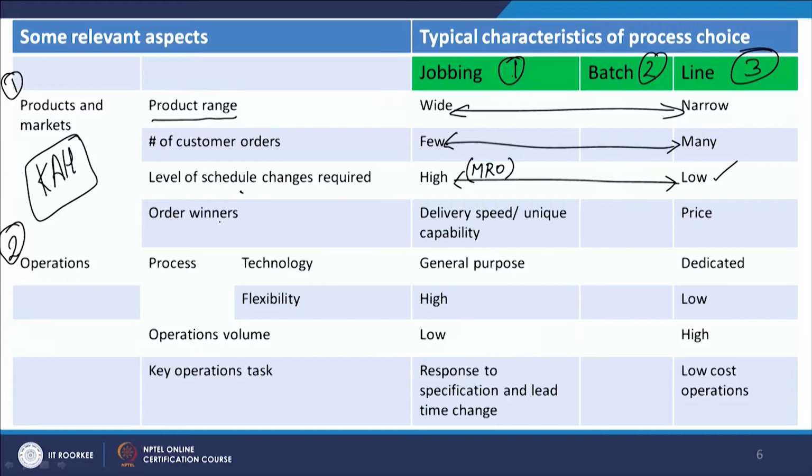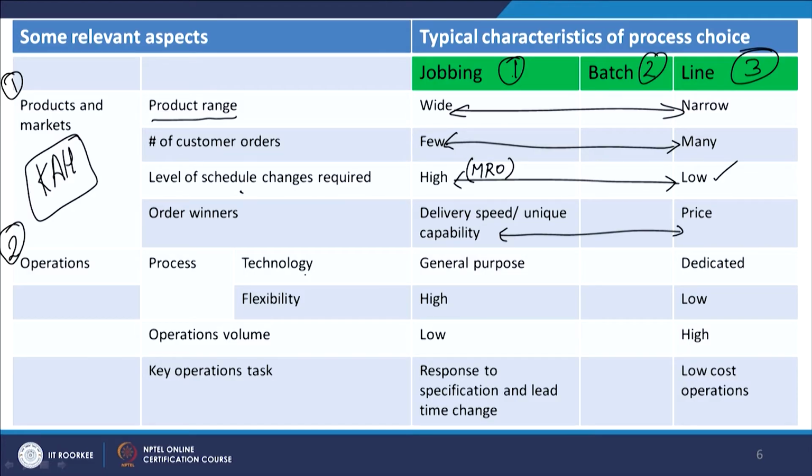And the order winners. Now, order winners can also change, like from delivery speed to price. These are the different types of order winners, and you can also have in between some other order winners, like quality, etc. Now, on the other side, if I see some operational issues, those operational issues are related to processes.